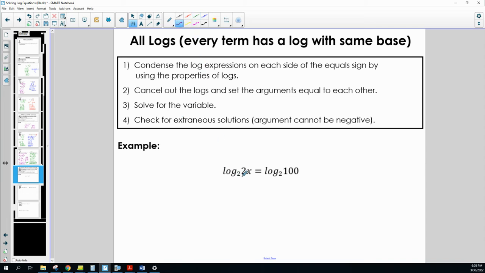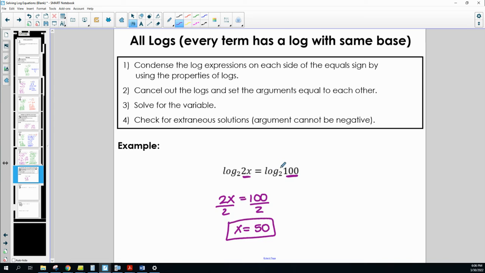So here our goal basically is to do this, get one log on one side, one log on the other side. So we have a log base 2, a log base 2, they're the same. So we're just going to take the arguments and set them equal. So 2x equals 100, divide by 2, x equals 50. If I plug 50 in, I get a positive argument, so this is a good answer.